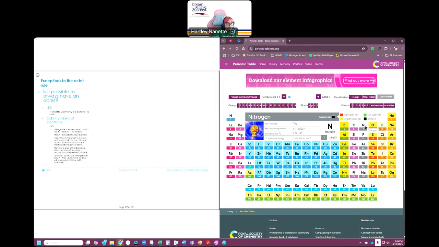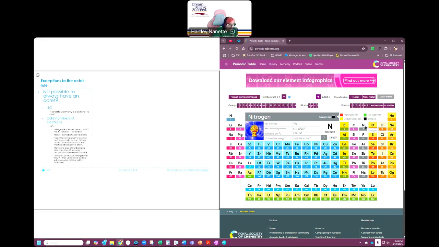Now, are there exceptions to the octet rule? Absolutely. I wish there were not, but that is the way that this works. A couple things we've already talked about: hydrogen and helium have a duet, not an octet. So that's one thing.